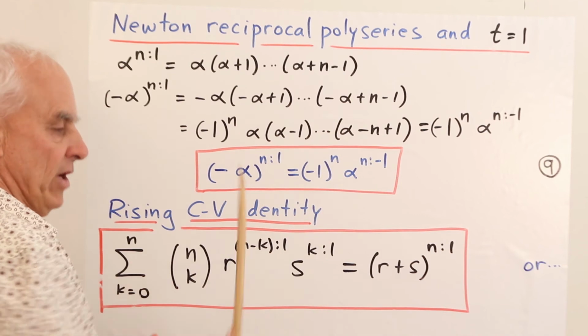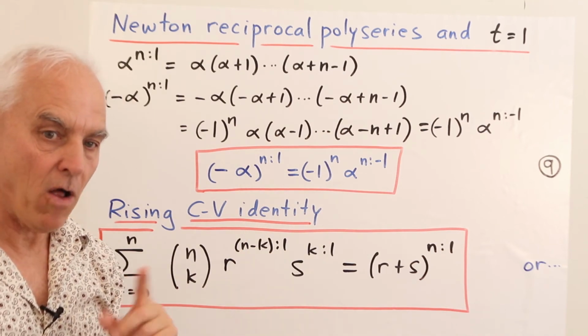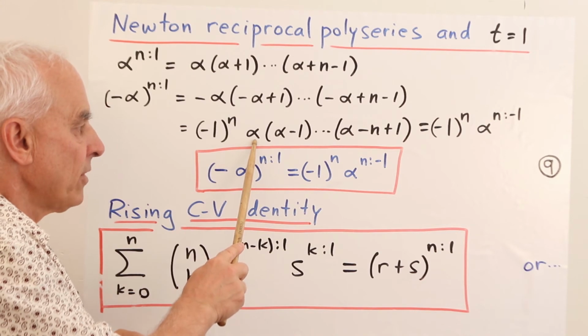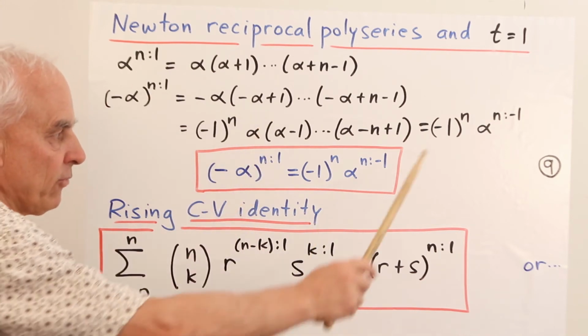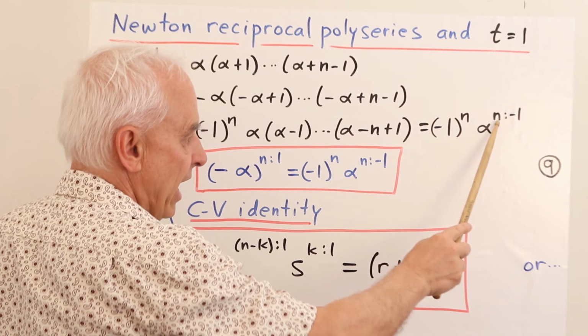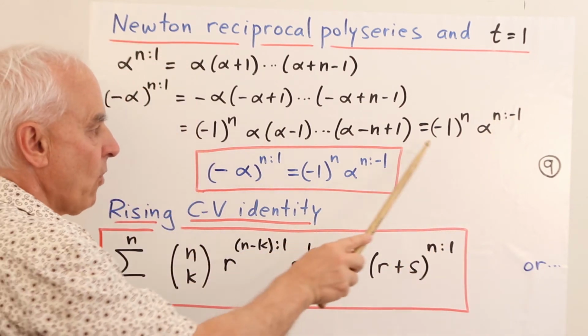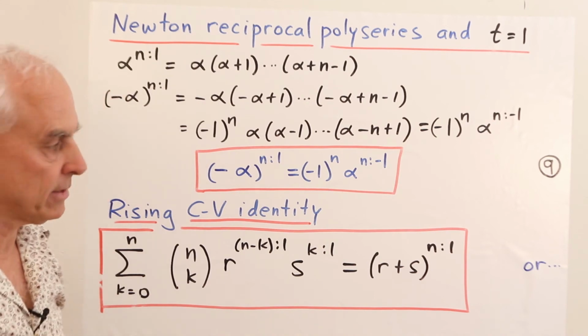Okay, but now we see that that's just a falling power. This is alpha to the n falling, or as we're writing it these days, alpha to the n colon minus 1. And there's a crucial minus 1 to the n out front.